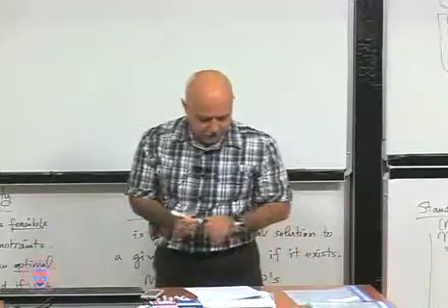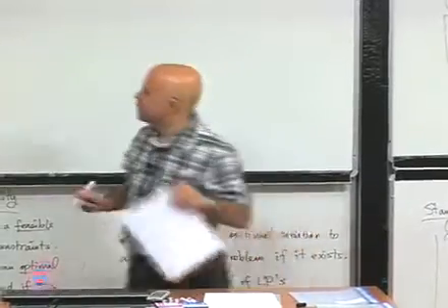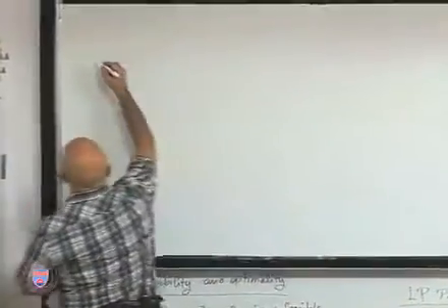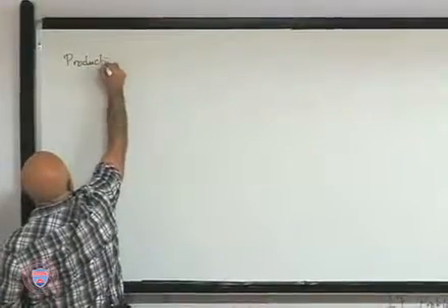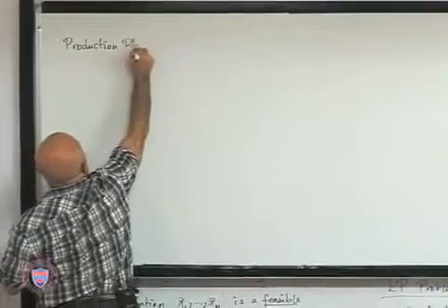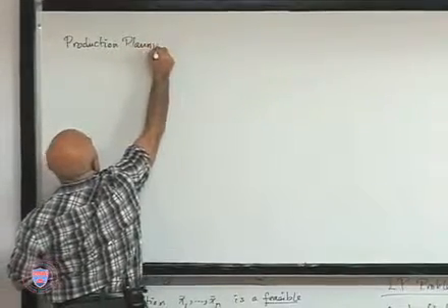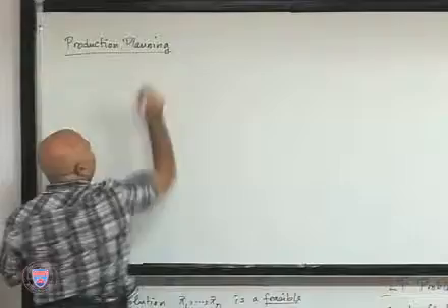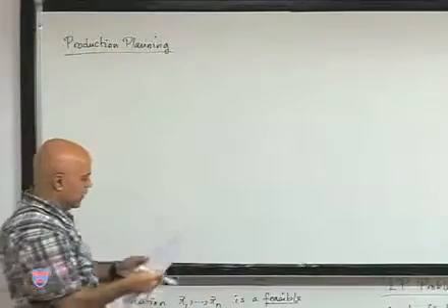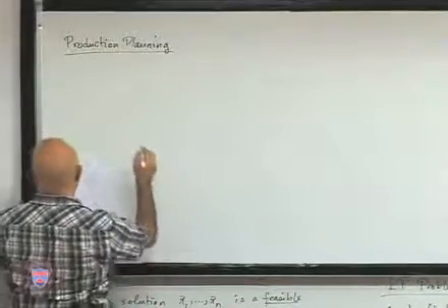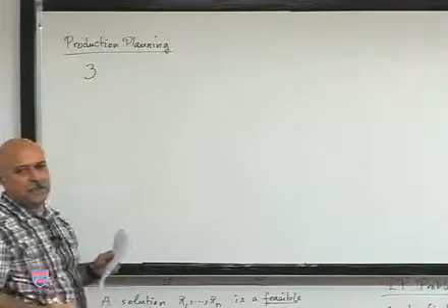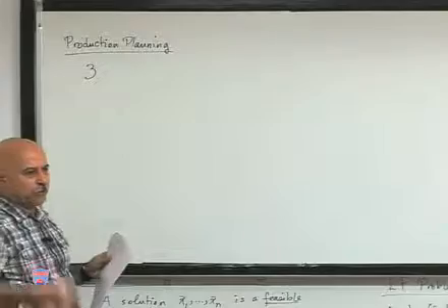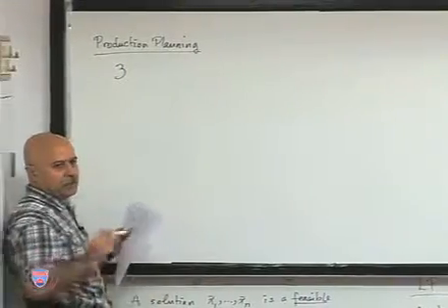Okay, let's begin with a simple example. This is a toy example in production planning. In the problem, we've got a product, and there are three different designs available for producing the product, but they are substitutable.